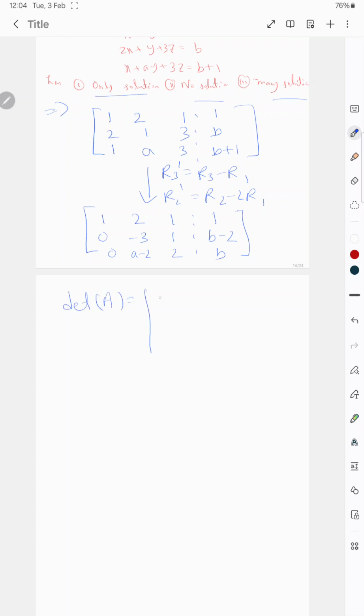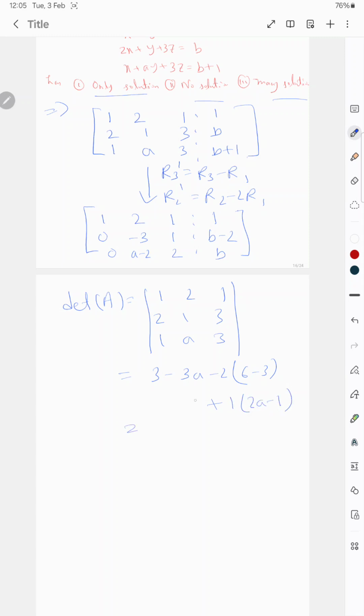That is basically 1 2 1, 2 1 3, 1 a 3. It would be better if you find it along the first row. Anyway, so I think 3 minus 3a minus 2 into 6 minus 3 plus 1 into 2a minus 1.